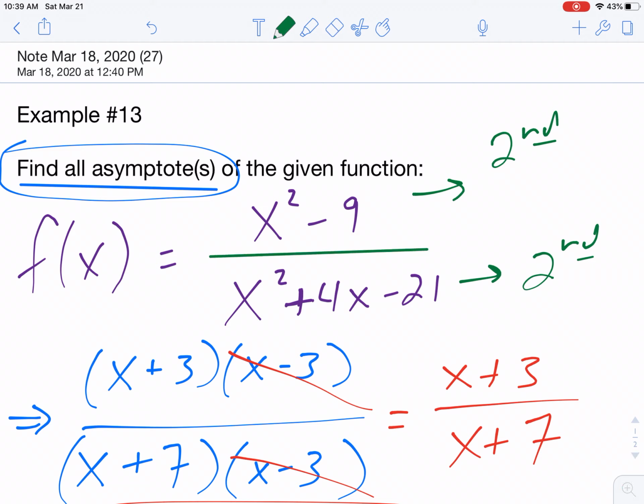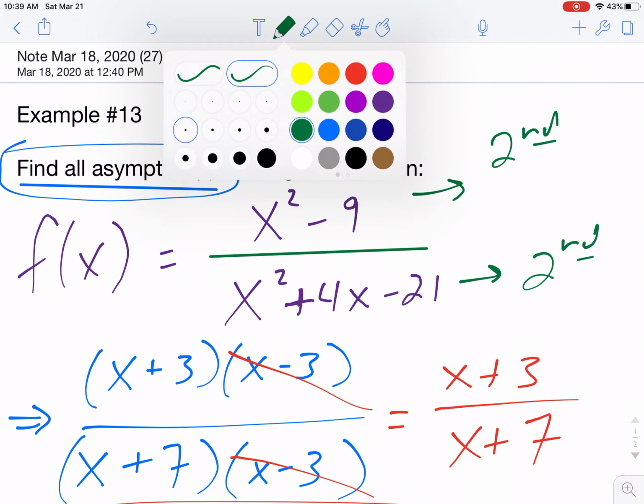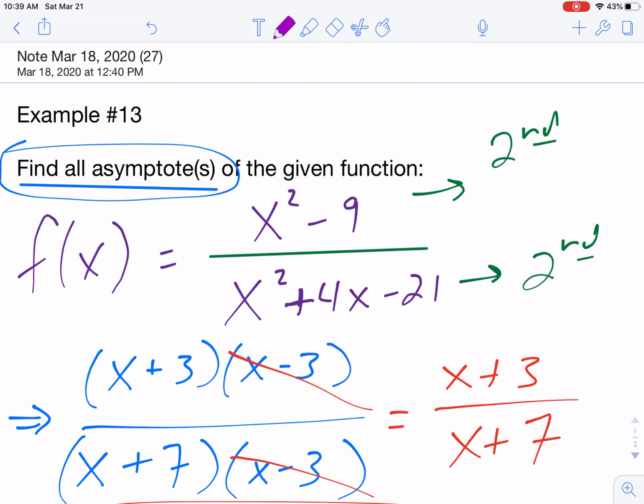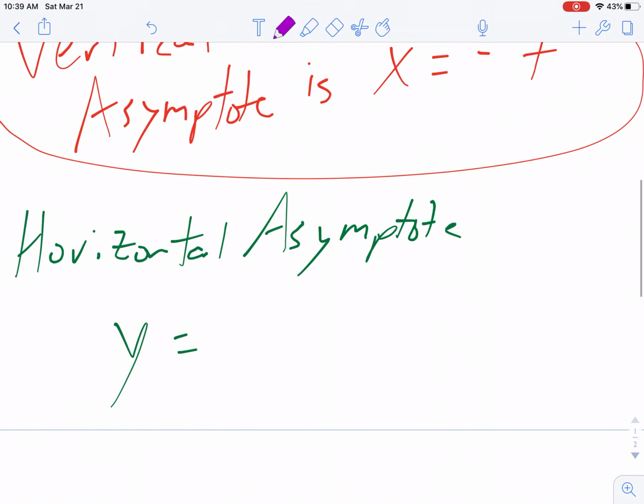The leading coefficient of the numerator is a 1. Leading coefficient of the denominator is also a 1. So our horizontal asymptote is 1 over 1. And again, I would accept that, but it would be better if you just wrote y equals 1.